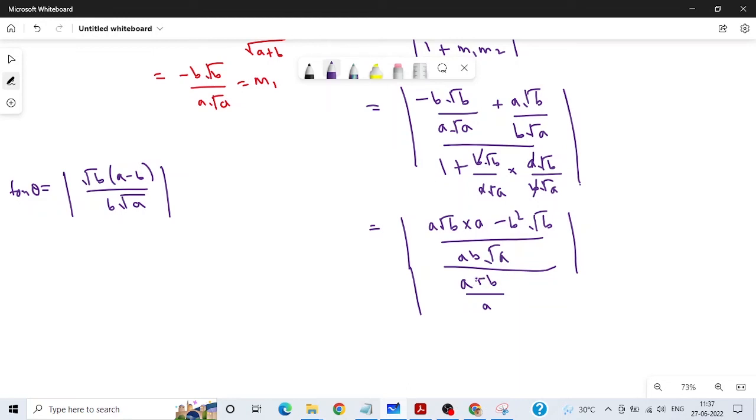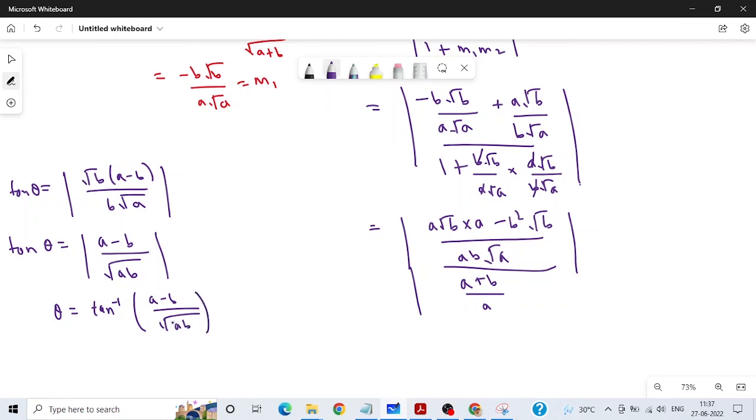So a plus b and a plus b will get cancelled. So then we are left with this. So then we get tan theta is equals to, and here also the square root of b will get cancelled, so we are left with tan theta is equals to a minus b upon square root of ab. So then the value of theta, which is the angle between the two curves, is tan inverse of a minus b upon square root of ab.